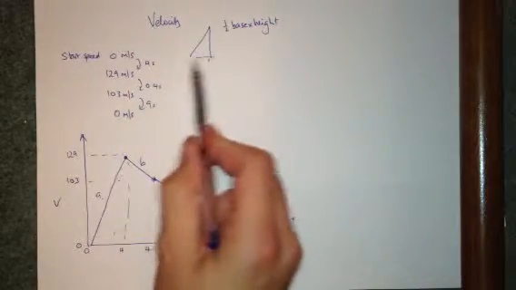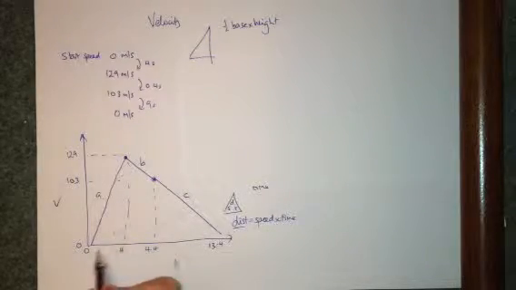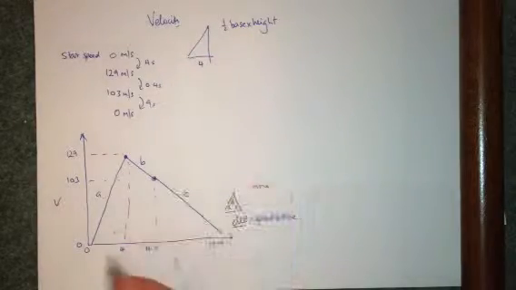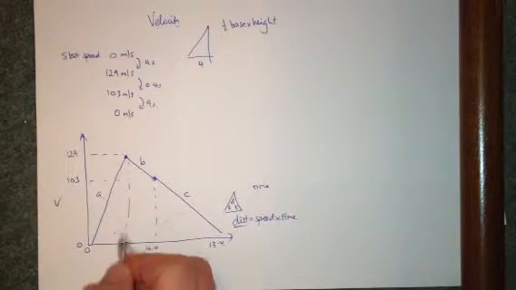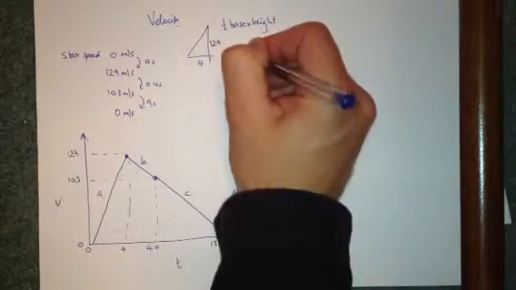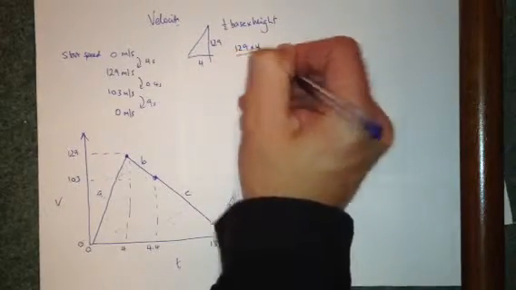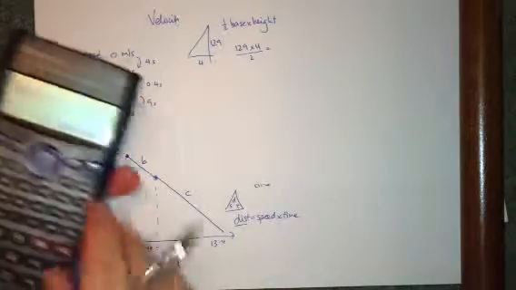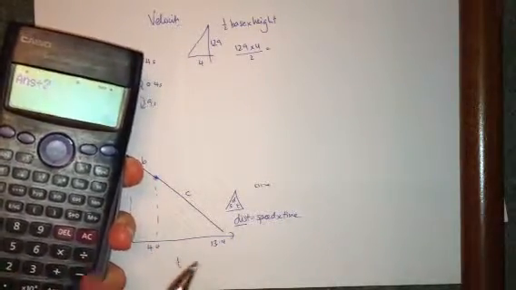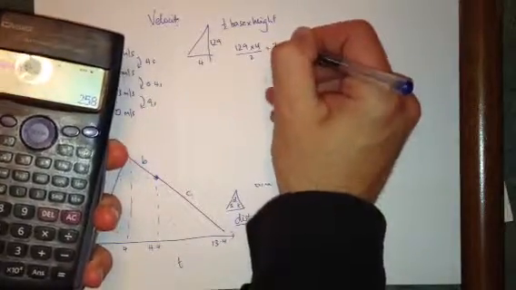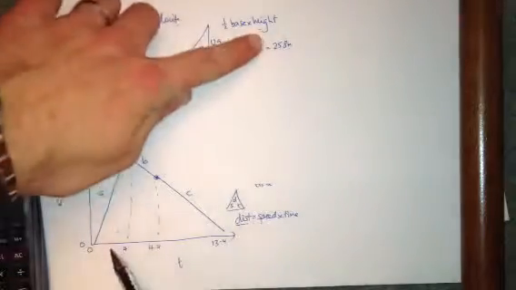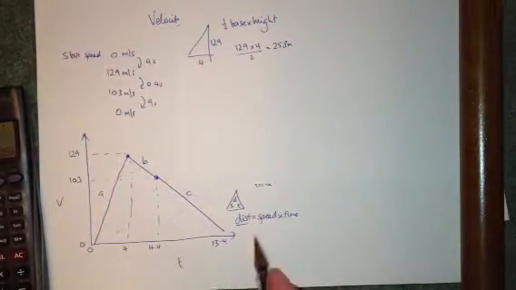So the base of the triangle, the width of the triangle, is 0 to 4, so 4. The height of the triangle is 129. So we do 129 times 4 divided by 2. So the distance travelled in the first 4 seconds is 258 metres.